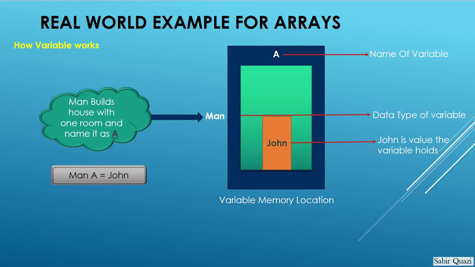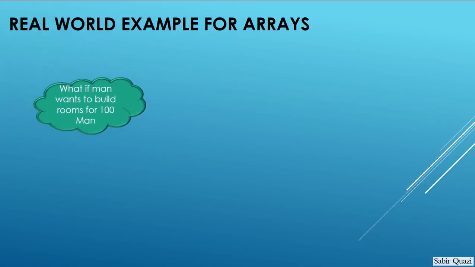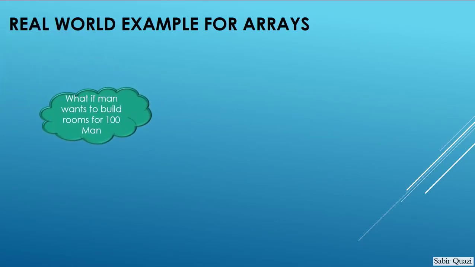That means A's data type is man and the value it holds is John. Similarly, in our programming, we can say A is a variable which has a data type integer which holds a value 20. Now problem arises if this man wants to build rooms for 100 persons.